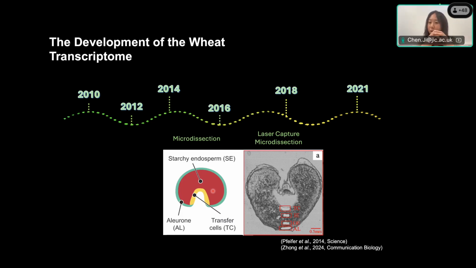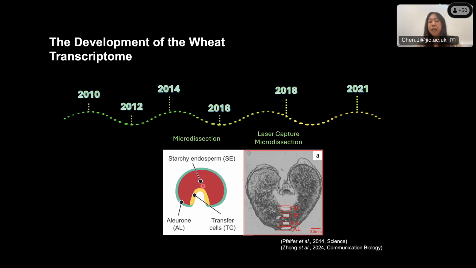The other cells are round, but the outer layer cells are square, and it's called the aleurone layer. It's the same with the transfer cells: when you dye paraffin sections, the transfer cells show different colors. The rest is named the starchy endosperm because it's full of starch.